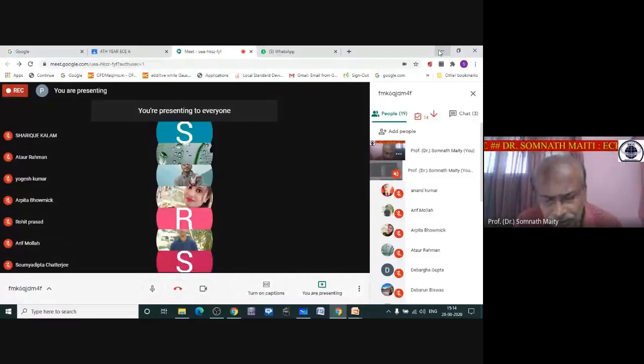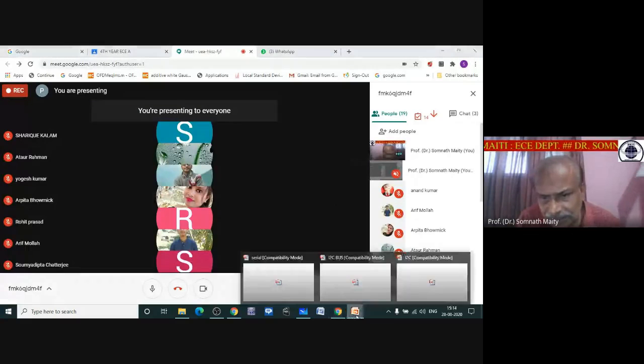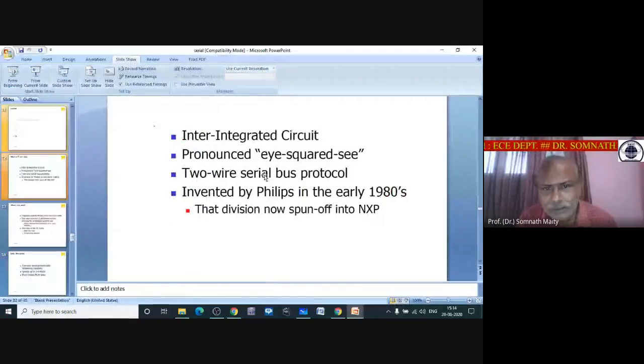And also within an integrated circuit, there are subsystems, and data transfer between them is through this protocol. So let's see. Pronounced as I2C. It's a two-wire serial bus protocol.